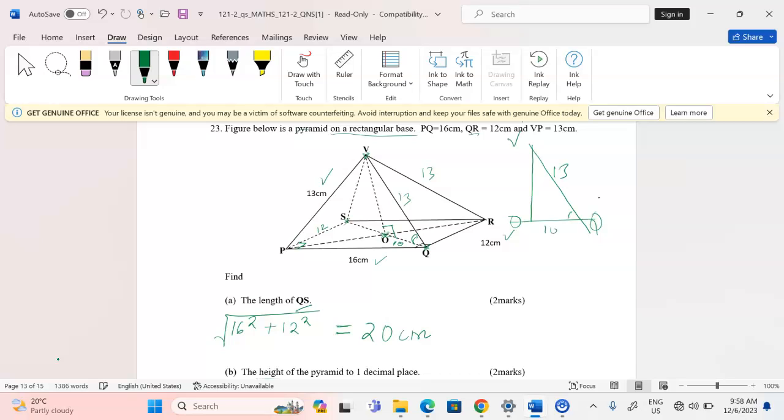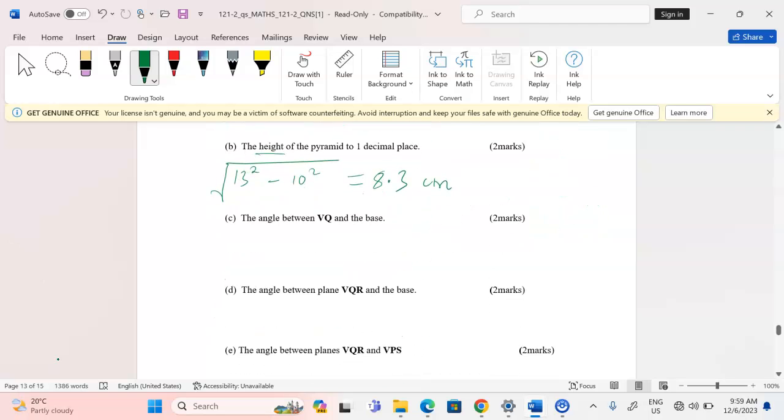We have 13 and 10 here. Therefore, we can use the cosine of an angle because this is the hypotenuse and this is the adjacent length. Cosine of theta equals adjacent over hypotenuse.